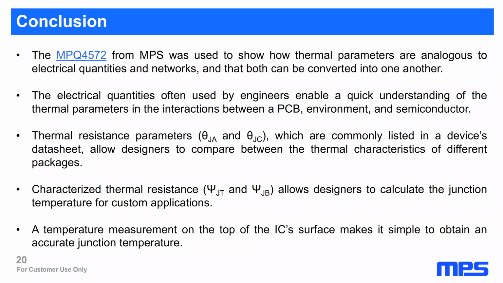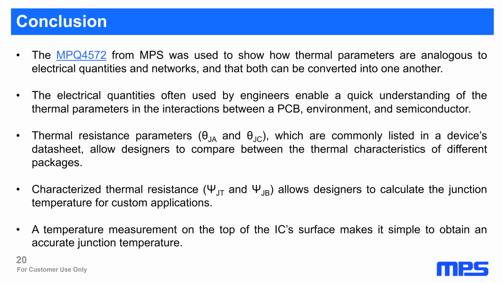As a conclusion, the MPQ4572 from MPS was used to show how thermal parameters are analogous to electrical quantities and networks, and that both can be converted into one another. The electrical quantities often used by engineers enable a quick understanding of the thermal parameters in the interactions between a PCB.